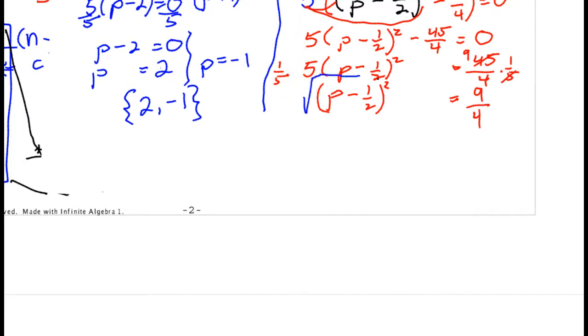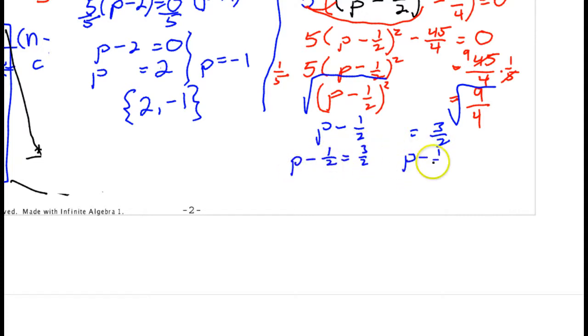Square root both sides. P minus 1/2 equals 3 over 2: square root of 9, square root of 4, 3 and 2. And don't forget you have 2 of them. So p minus 1/2 equals 3 over 2, and p minus 1/2 equals negative 3 over 2.